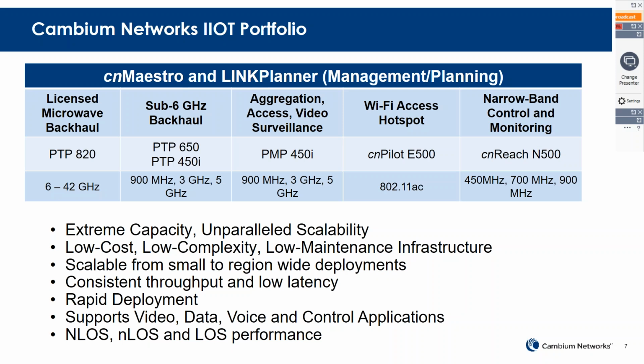So with this product portfolio, Cambium allows you to have a range from a few meters to 200 kilometers. We have one link deployed with 200 kilometers of range that works very nicely.